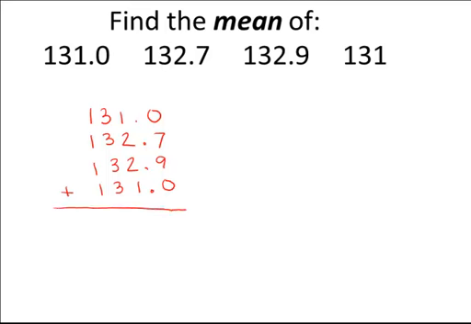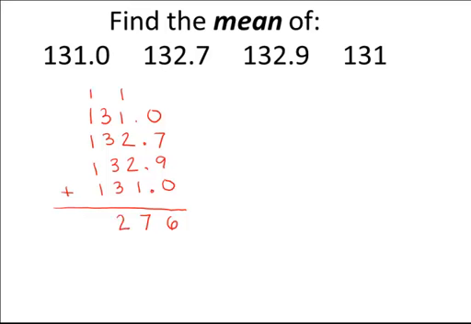Adding down the columns gives me 9 plus 7 is 16. Write the 6 and carry the 1. 1 plus 1 plus 2 plus 2 plus 1 is 7. 3 plus 3 plus 3 plus 3 is 12. Write the 2 and carry the 1.